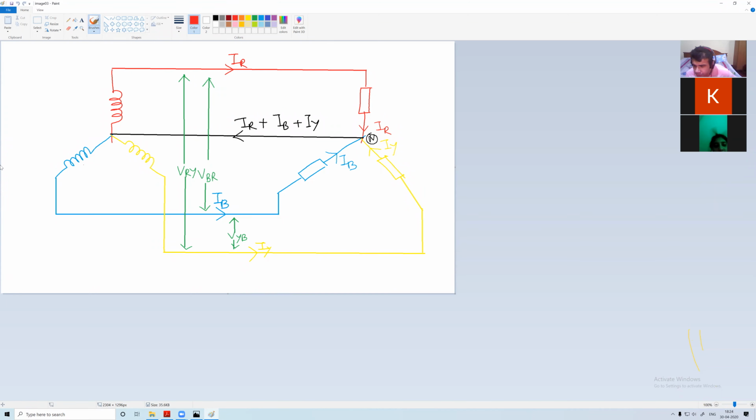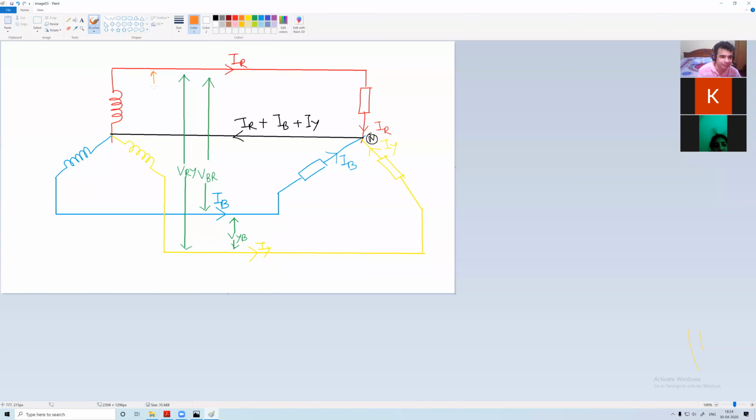Amit, it's exactly the opposite. The phase voltage is the voltage between phase and neutral. The line voltage is between two lines. No, phase is with neutral. If we draw it again, that would be easier.